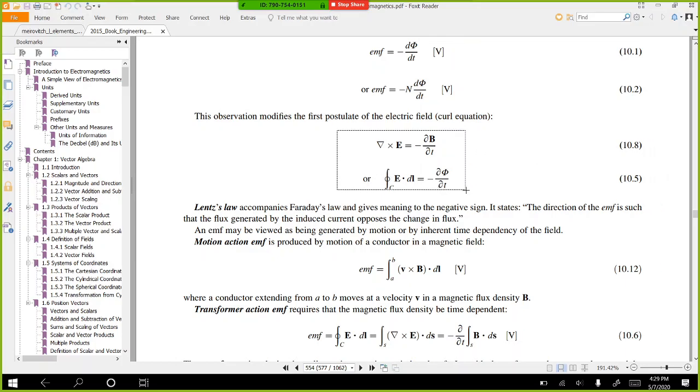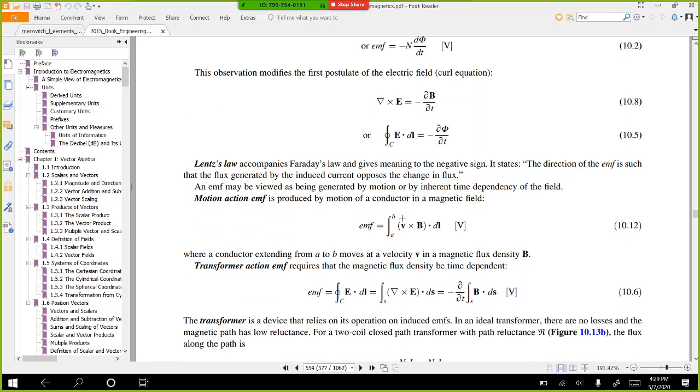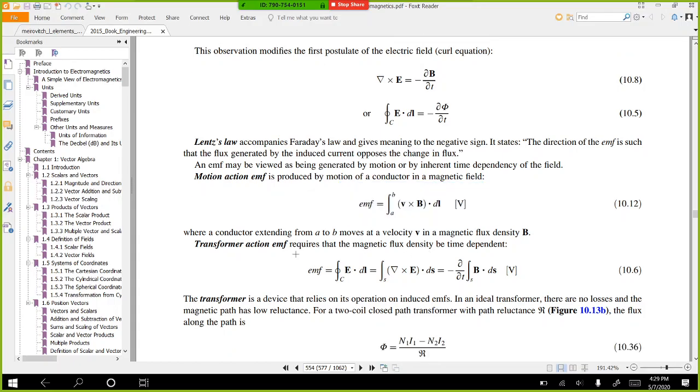From these two equations for the electric field, we may write another equation for electromotive force, which is called motional electromotive force, and is equal to the integral from A to B of V cross B dl, and the transformer action electromotive force also comes from this equation.